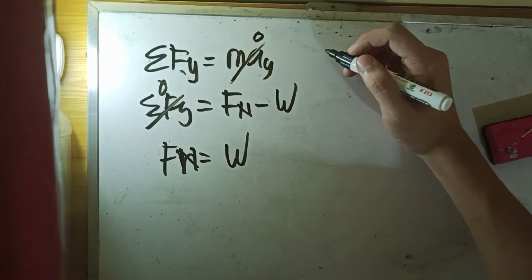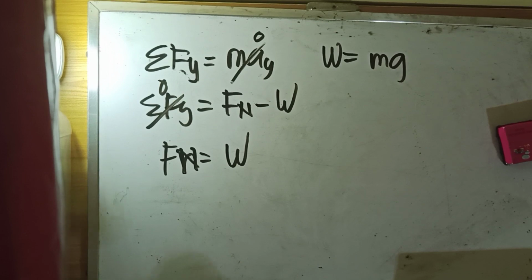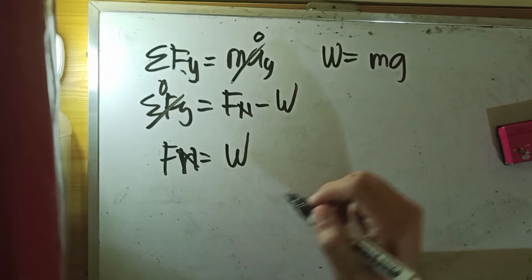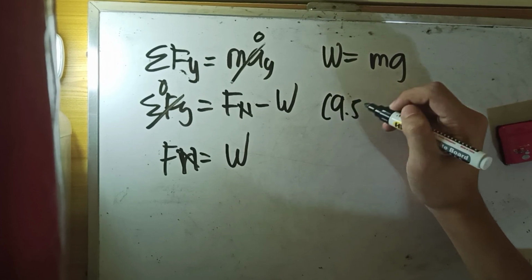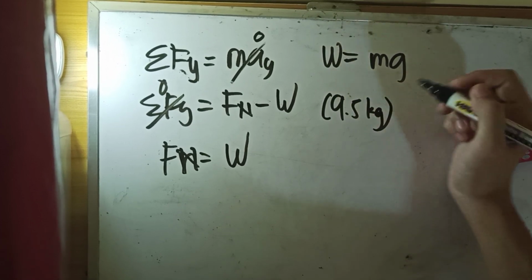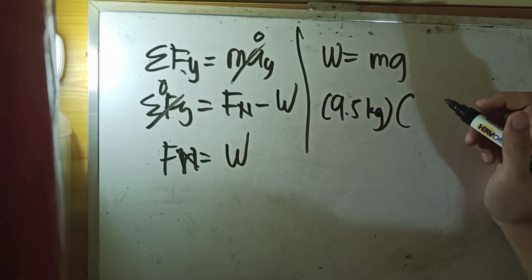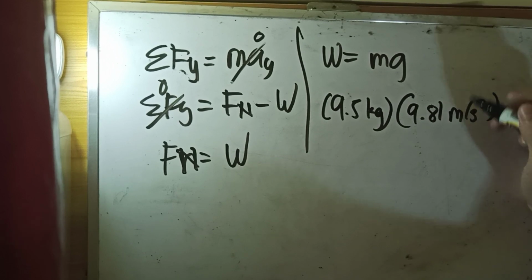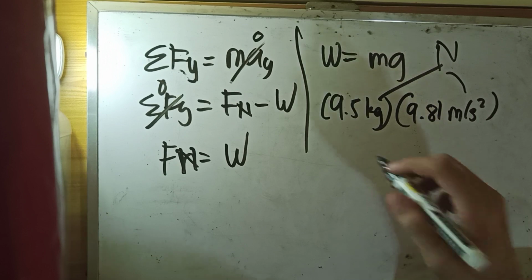Yung weight, kung matatandaan natin, weight is equals to mass times gravity. So meron tayong given na mass sa ating problem, which is 9.5 kg. Substituting the values, mass times gravity, 9.5 kilograms multiply sa gravity, 9.81 meters per second squared. Pag pinag-multiply natin yan, yung mga unit na yan, Newton ang kalalabasan.